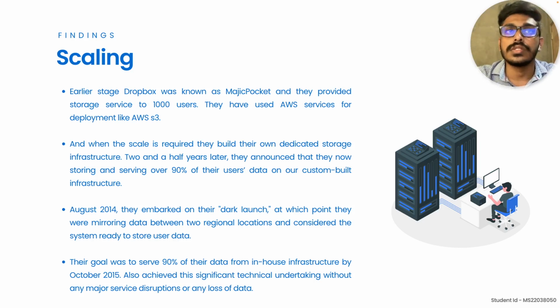When scale was required, they built their own dedicated storage infrastructure. 2.5 years later, they announced that they were serving over 90% of their user data from custom-built infrastructure. They also provided regional locations worldwide. Their goal was 90% of their data from in-house infrastructure, and they achieved that significant migration without losing any data.